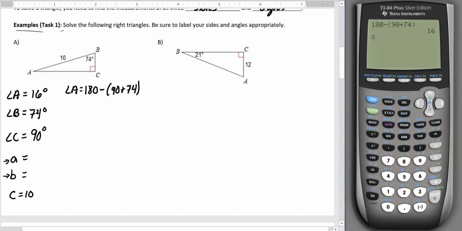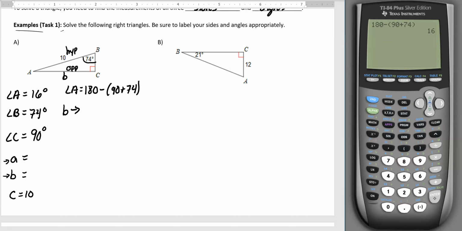So now I have two sides. To find our sides, we're going to use trig ratios. What I would suggest is let's start with side B. The reason I chose that is because, to figure side B out, notice we have this angle of 74. This is our opposite side, and this is our hypotenuse.